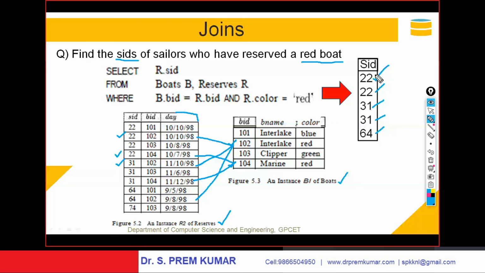So 22, 22, 31, 31 and 64. These are nothing but the sailor IDs. So you are extracting the sailor IDs of those sailors who reserved a red boat. This is the reservation table, this is the boats table, and we are joining these two tables and extracting the data. This is how you are getting the output.